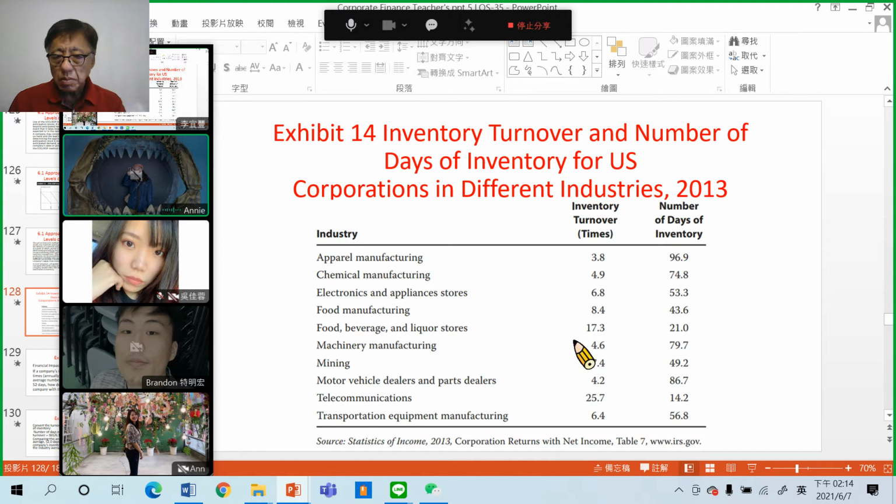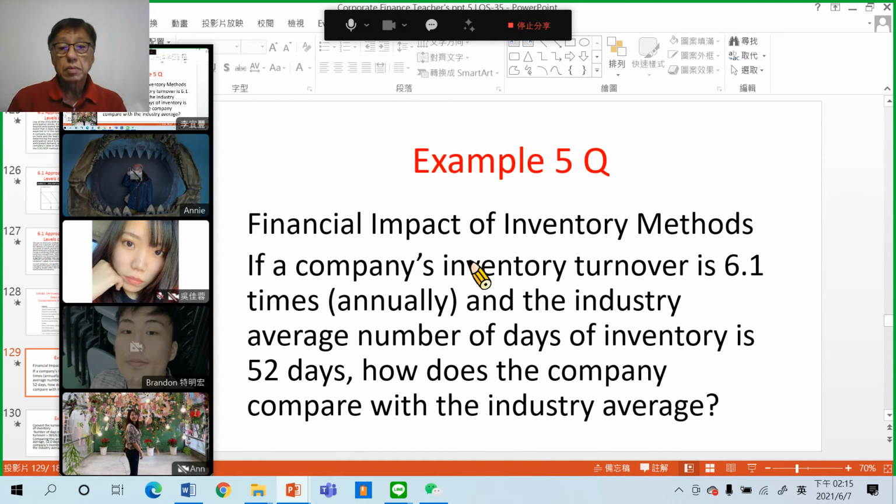The inventory turnover is 17.3, and the number of days of inventory is 25 days. Then there is food manufacturing, at 8.4 times, and the days of inventory is 43.6. So as you can see, the more inventory turnover your company has, the more quickly your product sells. The more inventory turnover that you have, the better. Next page will be Nicole.